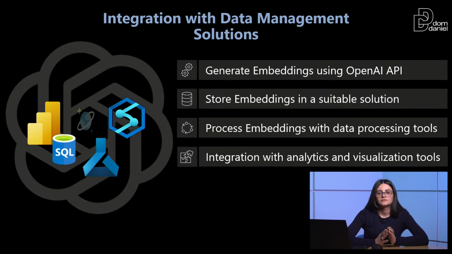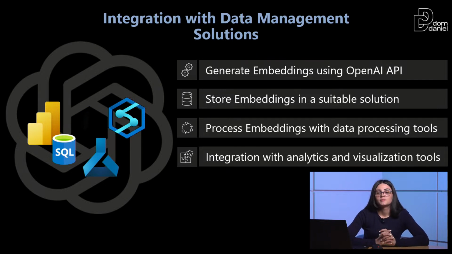And after all, we need to store these embeddings in a suitable data management solution, which can be Azure SQL database, Azure Cosmos DB, blob storage, or Azure Data Lake storage. Also, we must keep them in appropriate data storage, which will support processing and storing these numerical vectors effectively.